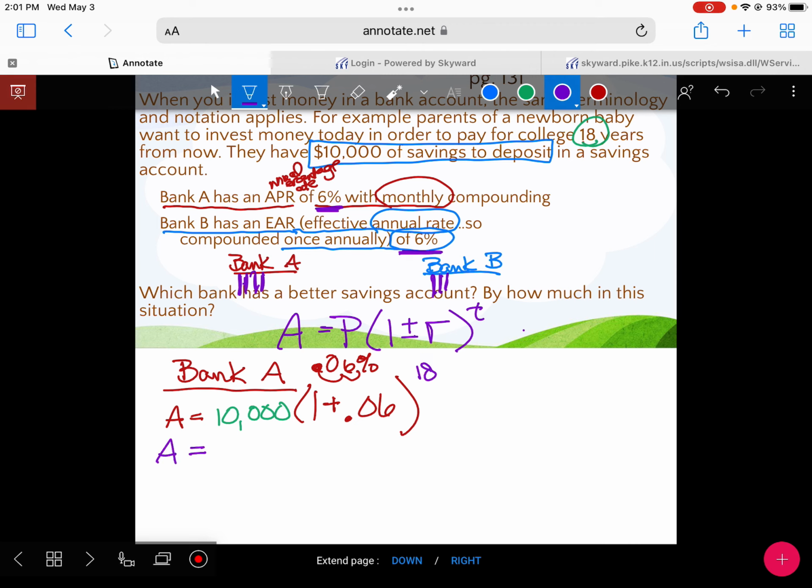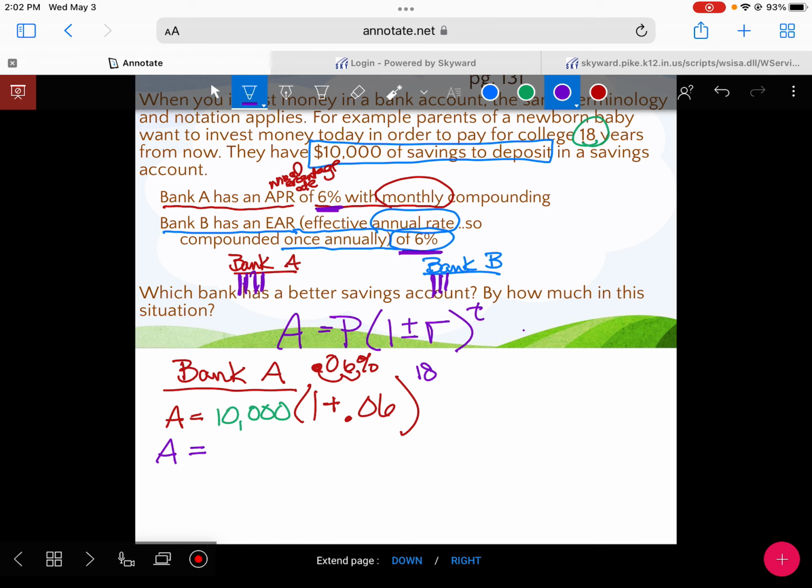So let's calculate. Let's see if we put $10,000 in, and this is compounded once a year for 18 years, how much money are we going to make? And that's another thing, how are you putting this in the calculator?